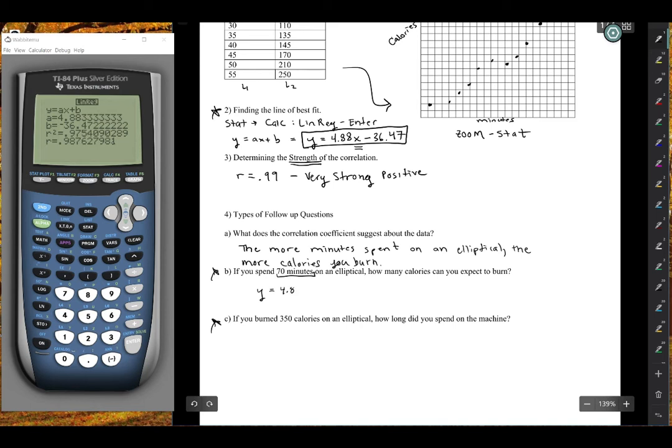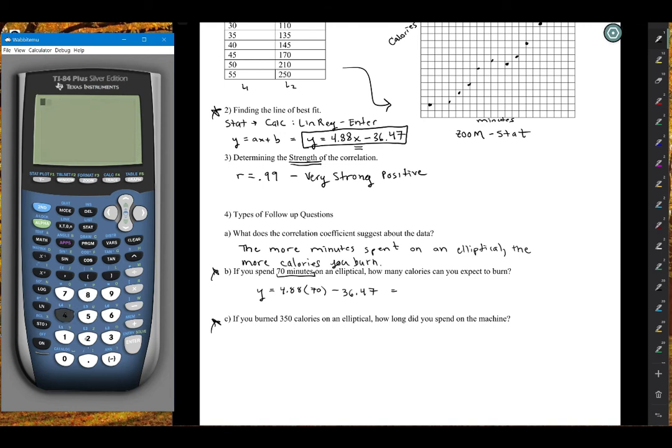That's just some calculator work for you. 4.88 times 70 minus 36.47, and you can estimate that you would burn about 305.13, or closer to 305 calories over that amount of time.